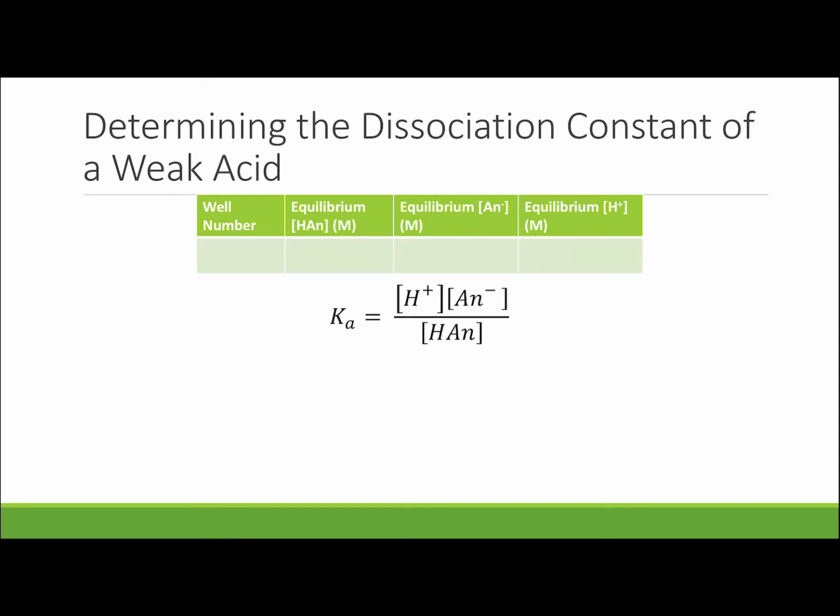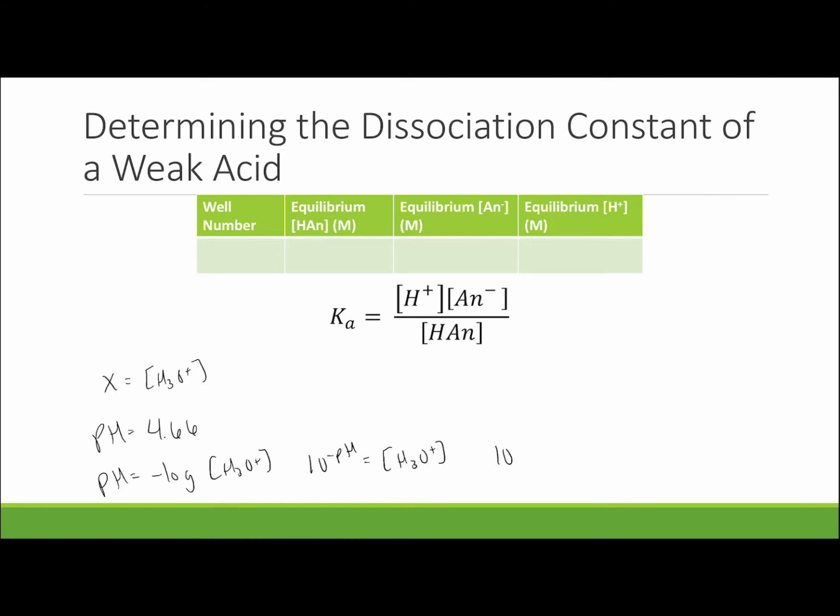Keep in mind that our x is equal to our hydronium concentration, and we can figure out our x by using our pH. So our pH in this well was 4.66. Remember, pH is equal to negative log H3O plus, or H plus, which can be rearranged into 10 to the negative pH is equal to our hydronium concentration, or H plus concentration.